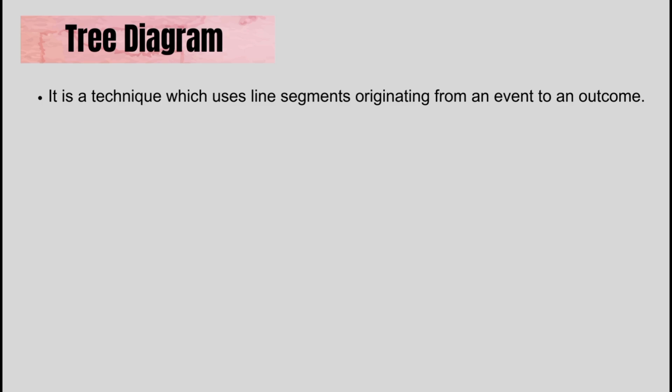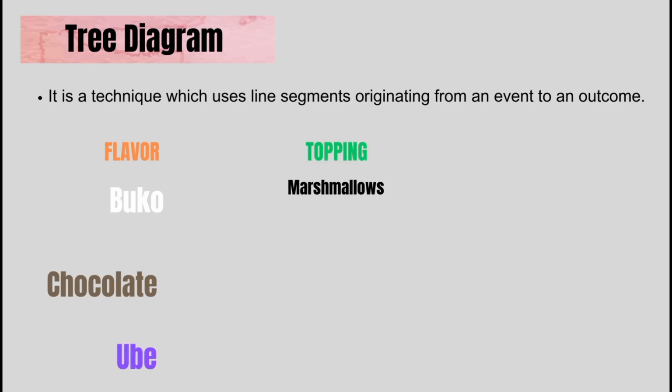Using the same problem, again, identify the variables or objects, then map the pairings individually for each flavor.